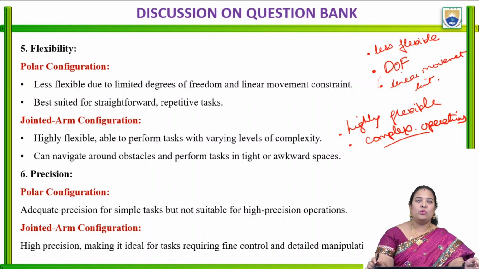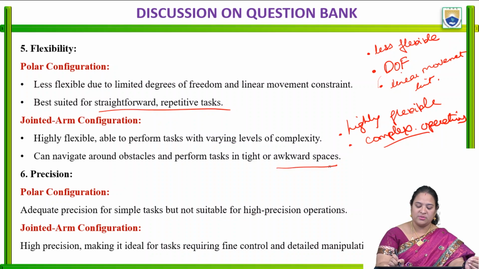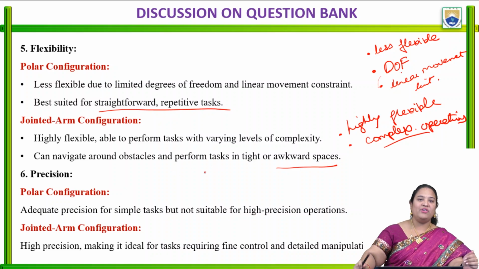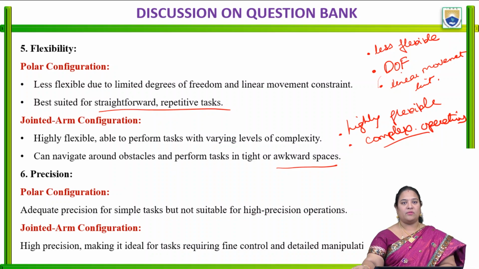Generally, the polar configuration is best suited for straightforward or repetitive tasks, preferable for repetition only with forward movement of the robot's end effector. Whereas the jointed arm is used in awkward spaces or where there is complexity for the robot's end effector to work. There the jointed arm configuration acts very appropriately.